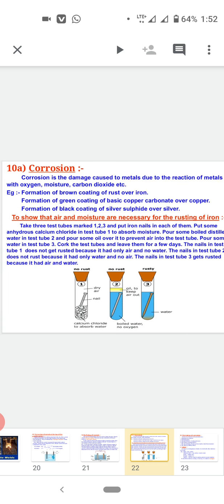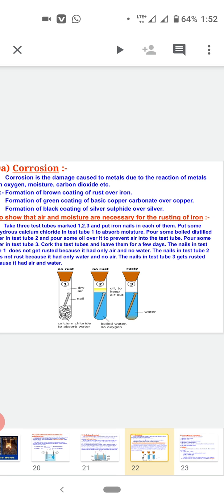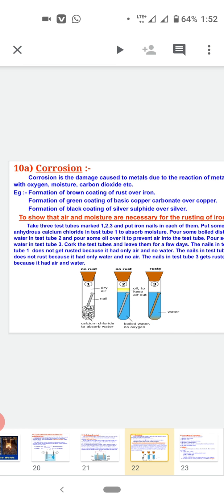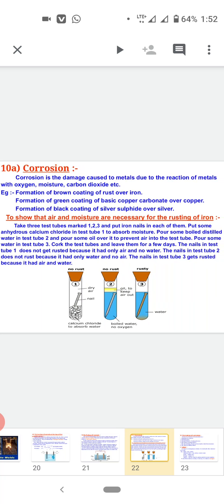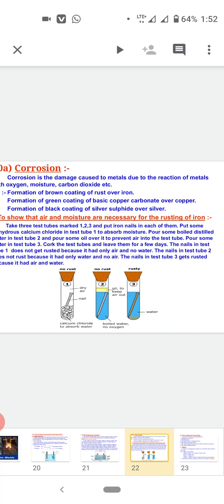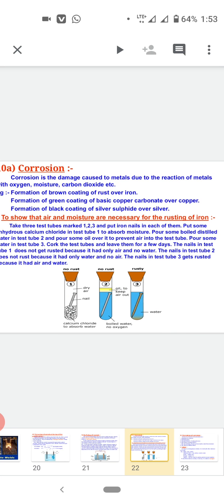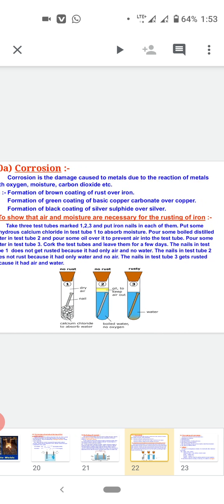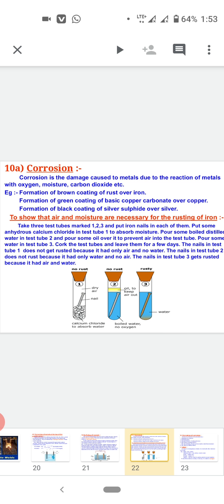Pour some boiled distilled water in test tube 2 and pour some oil over it to prevent air from entering the test tube. Oil cuts the contact of oxygen with the water in test tube 2. Pour some water in test tube 3. Cork the test tubes and leave them for a few days.